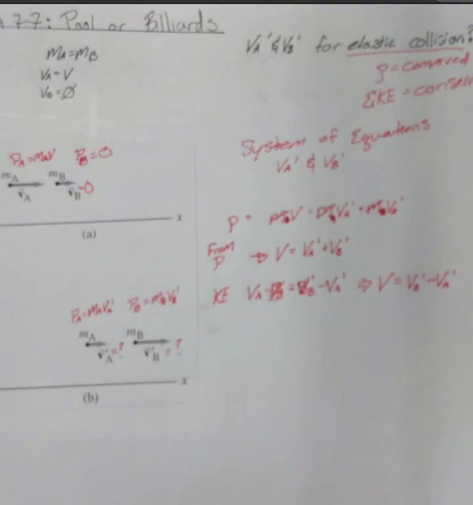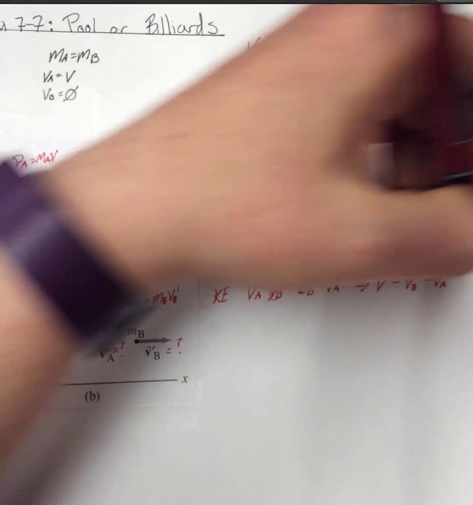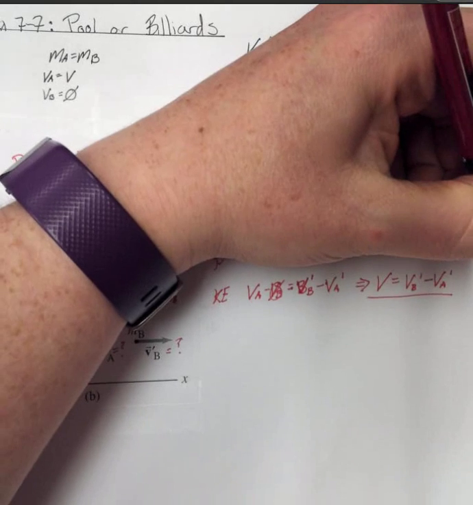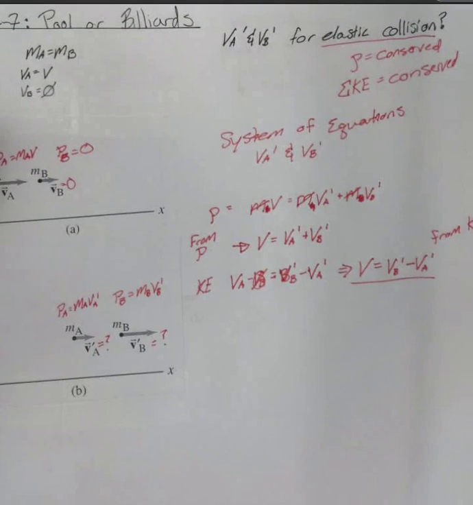So now I have this equation from kinetic energy, and I could set them equal to each other very easily, but then I would get obviously the equal and opposite result. So what I'm going to do is solve.